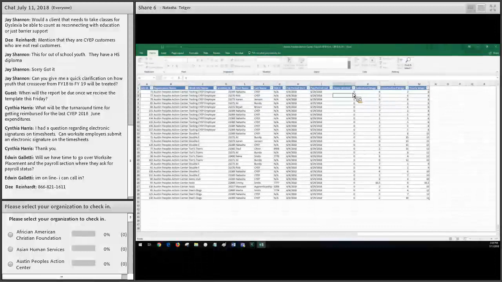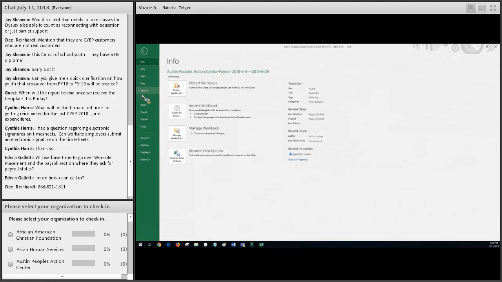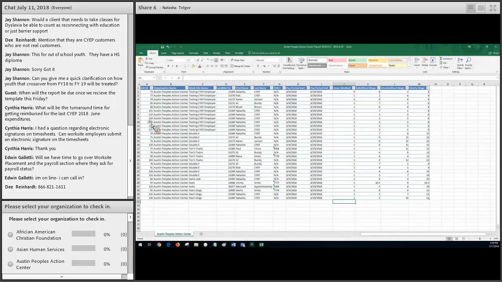You save it. I would be doing my entire payroll for that period for all my participants. So if I have 25 individuals that are receiving some form of subsidy, they need to be on this one template when I upload it. Yeah.